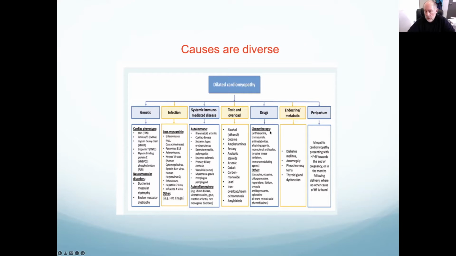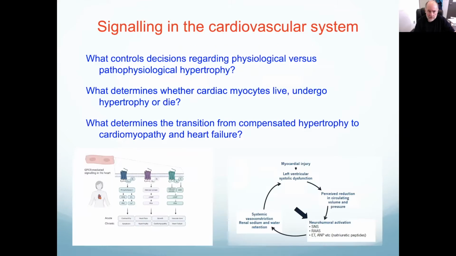And certainly there are some chemotherapies, most importantly, I suppose, anthracyclines like doxorubicin, that are known to drive cardiomyopathies. And of course, there are particular cases of metabolic disorders and peripartum disorders that may lead to idiopathic forms of the disease. A lot of the disease is not understood, but as more and more sequencing happens, there'll be fewer idiopathic cases. But the causes are diverse, for sure.